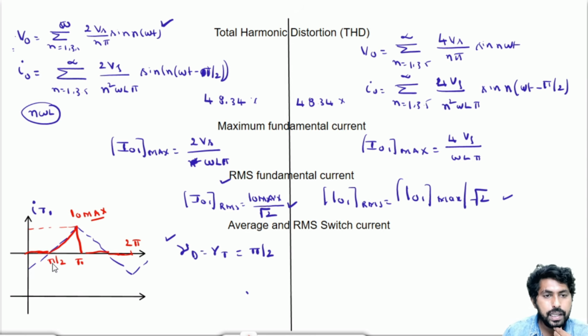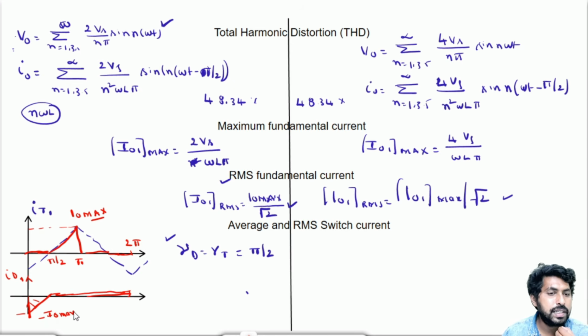Similarly, if I draw the diode current ID1, it will be like this. It is conducting in this period, so in the total time period the diode D1 will conduct in this period, with a value of minus I naught max.